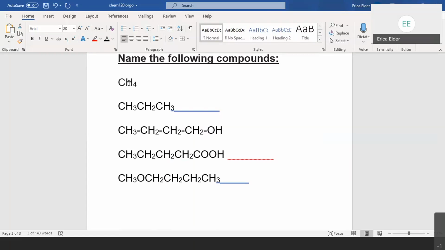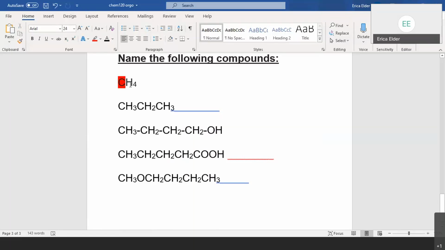So we are naming a hydrocarbon. So the first thing we do is count the number of carbons and choose the appropriate prefix. So here in CH4, we have only 1 carbon, and according to our prefix chart, the prefix for that is meth.